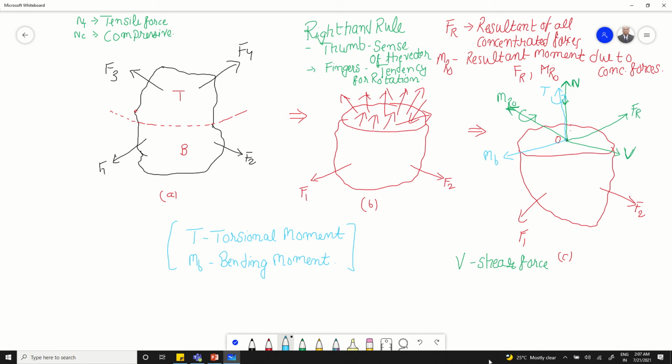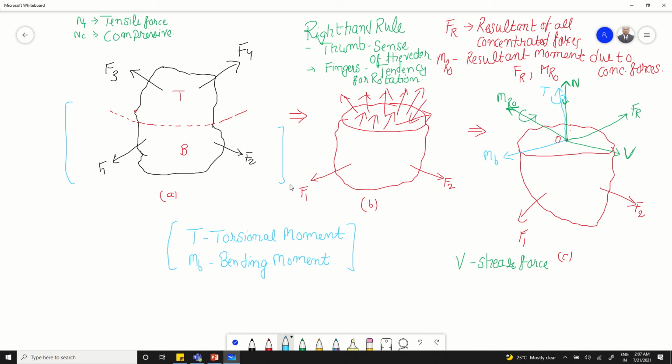See, so far all these cases are applicable to any type of body. Now there is one more simplification to find the internal loadings in a body subjected to a coplanar system of forces. In the system we have considered, the forces are non-coplanar. They can be applied from any plane, in any direction, and from any point.